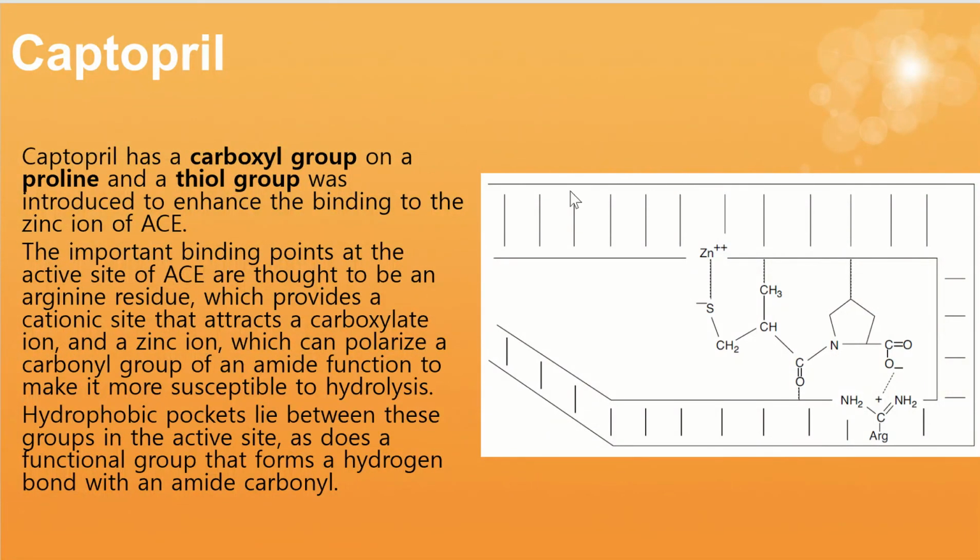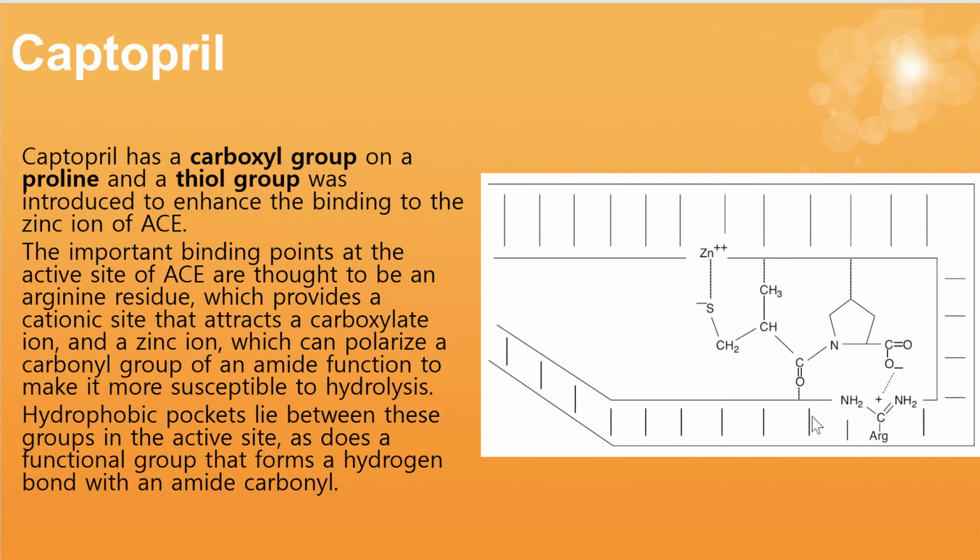and a zinc ion here, which can polarize a carbonyl group of an amide function to make it more susceptible to hydrolysis, as we have seen further in our introduction. And of course there are some hydrophobic pockets which lie between these groups in the active site, as does a functional group that forms a hydrogen bond with an amide carbonyl, right?